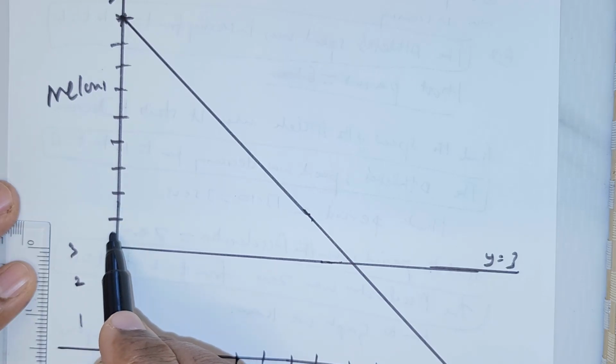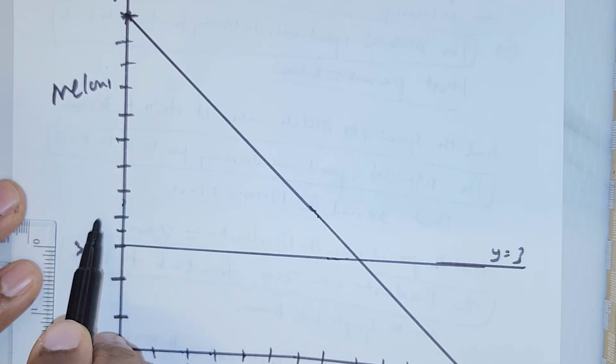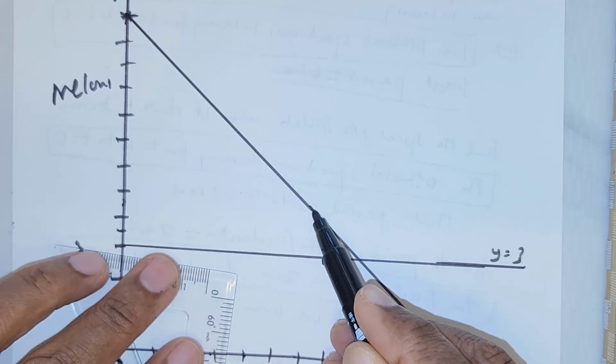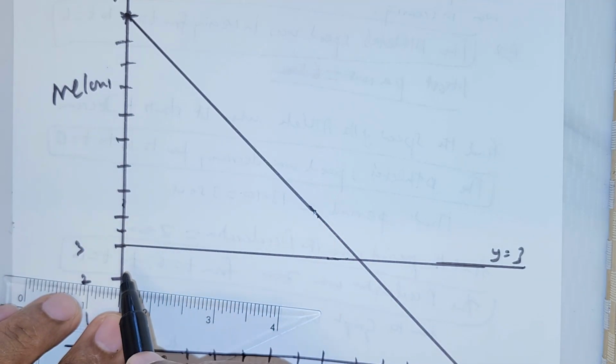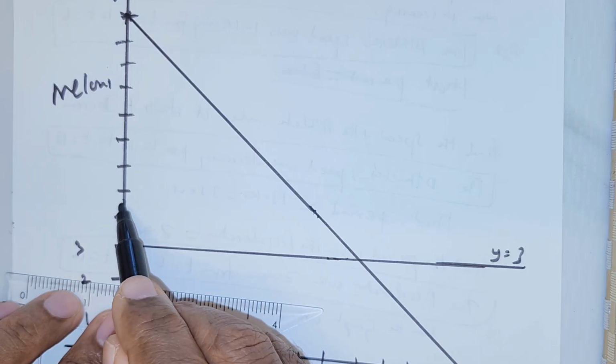So 4, 5, 6. The graph is not to scale because I'm drawing it freehand.